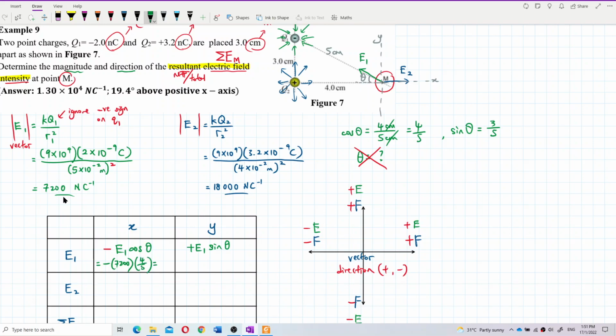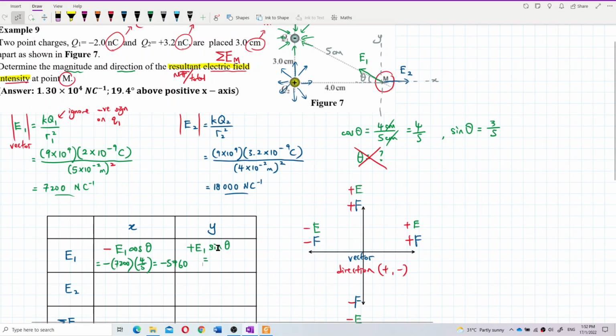Let's calculate: negative 7200 multiplied by 4 over 5. What do you get? I got negative 5760. That's the x component.